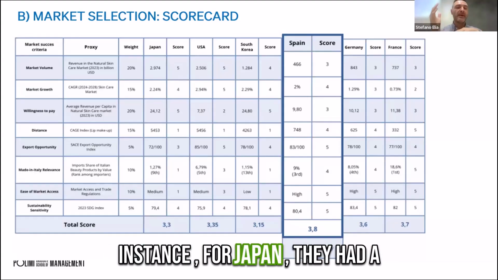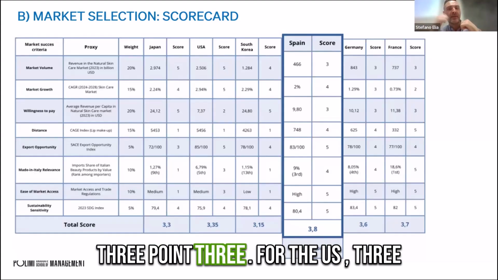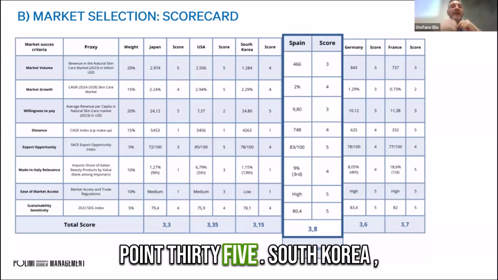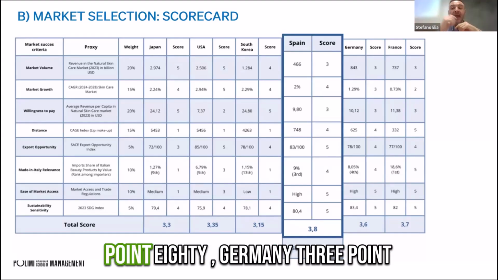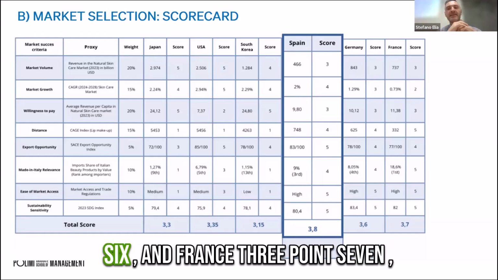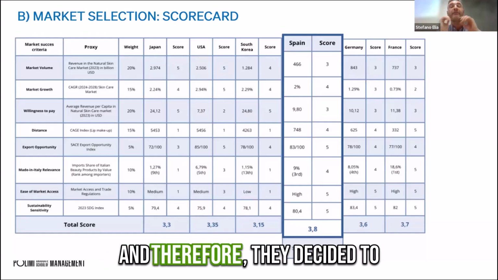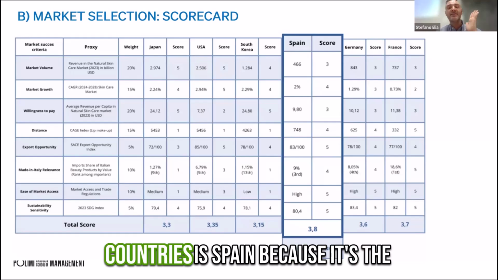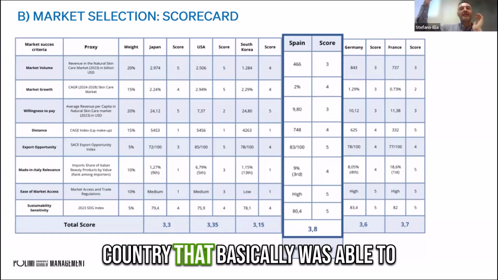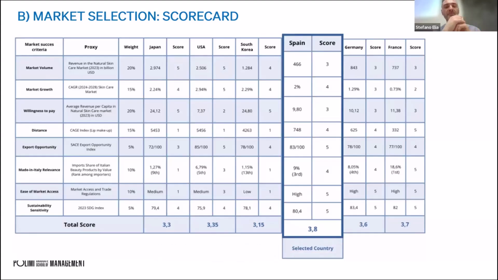So for instance, for Japan, they had a 3.3, for the US 3.35, South Korea 3.15, Spain 3.80, Germany 3.6, and France 3.7. And therefore, they decided to invest in Spain. The selected country is Spain because it's the country that was able to obtain the highest score.